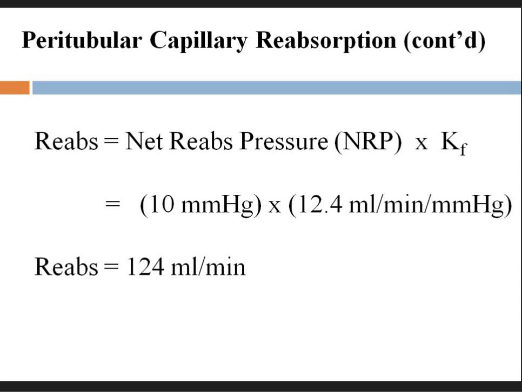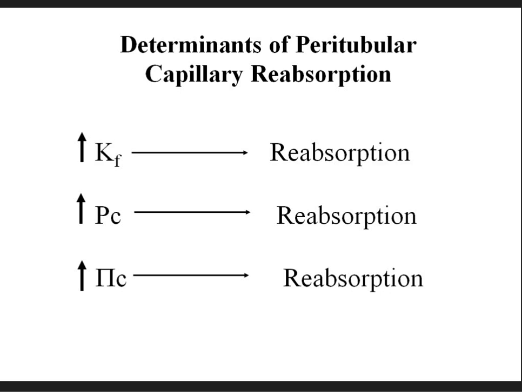So the net reabsorption pressure, or net filtration pressure, which we observed in the last slide, was 10 millimeter mercury, and the filtration coefficient, which is this. And the filtration coefficient, we all know, depends upon the surface area and the permeability of the membrane. So this is the net reabsorption observed from the interstitial tissue to the peritubular capillaries. The determinants of peritubular capillary reabsorption include the filtration coefficient.